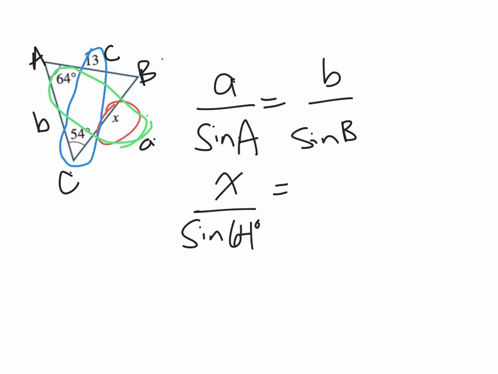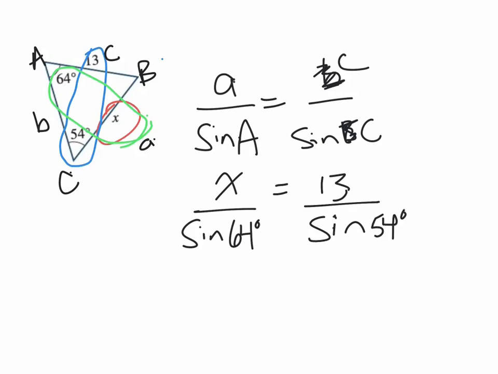And then, sorry, this should be C. That should be C to correspond with our values right here and here. Oops, no big deal. I know that C is 13, and it's over top of the sine of 54 degrees.